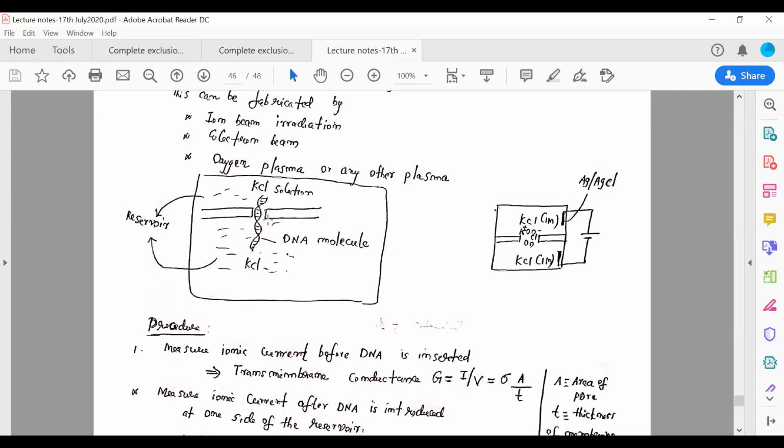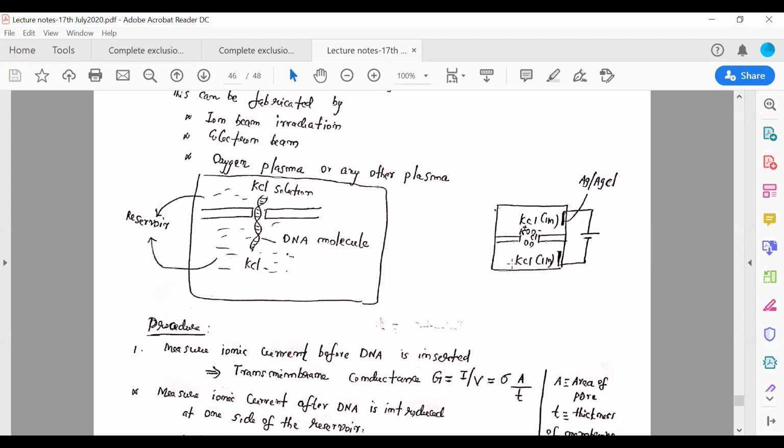So now what happens? This is the typical ion transport experiment. You are trying to push the DNA molecules through the nanopore. Let me explain the kind of experiment we are trying to do here.